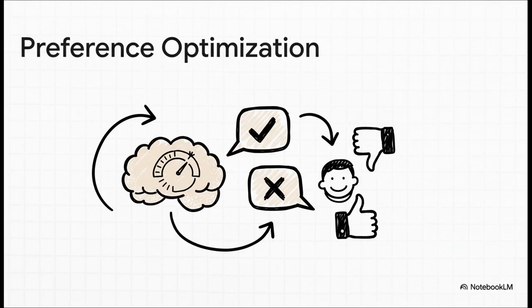They work by using datasets of human feedback. For example, you show a person a prompt and 2 different AI responses, and you just ask them which one is better. The model is then trained directly on these chosen versus rejected answers to learn the subtle patterns of what we actually want. It's that final crucial step to make sure the model isn't just smart, but that it's also aligned with our goals.